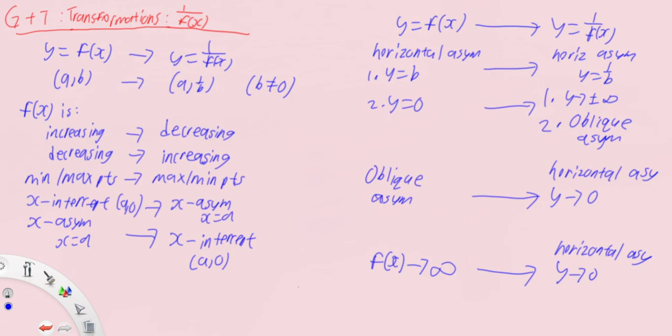Our denominator approaches a very large value, and 1 over a very large value approaches 0. And these are the changes to our f(x) to 1 over f(x) graph. It's actually very simple. You just need to consider, is this part approaching infinity, or is this part approaching 0? And then what are the corresponding changes to that? So there we have it, the summary of our transformations to our reciprocal graph.